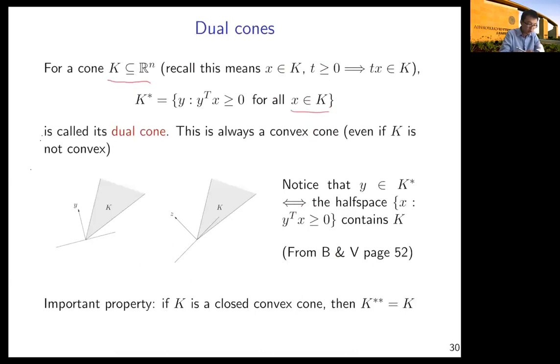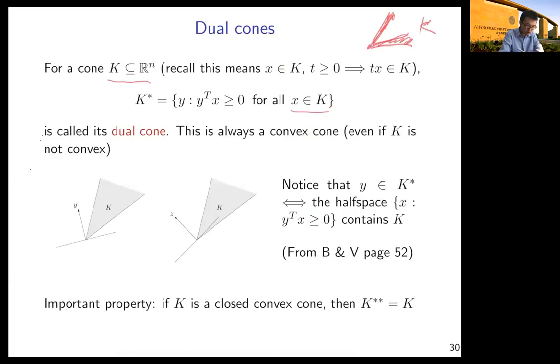Okay. So no matter what you do, even if you set this cone to be a non-convex cone, so something that looks like this. Okay, so this is K. When you figure out what this K star is, the K star is always a convex cone.